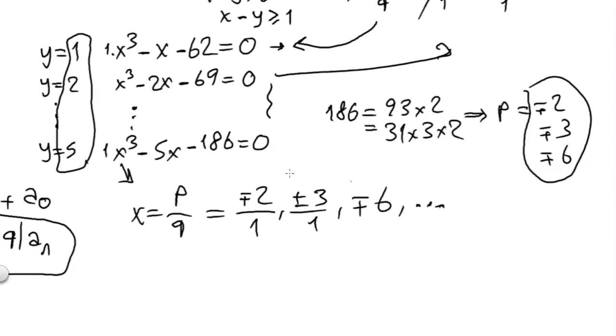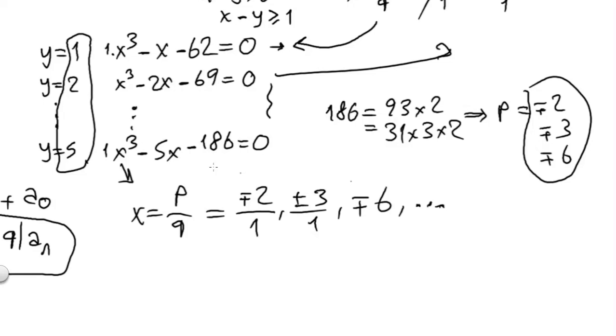So for example, if you put 2, it is again too small to reach 186. It won't work. Negatives won't work either, they give even less. Since x cubed and x have the same sign, it's also helping us. If I put 3, it will again not help me. -3 again won't help.